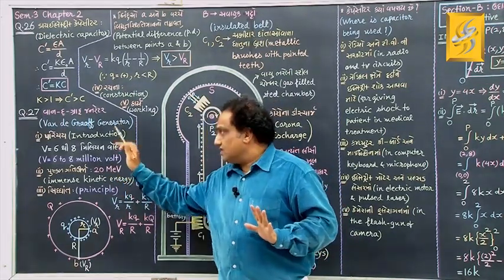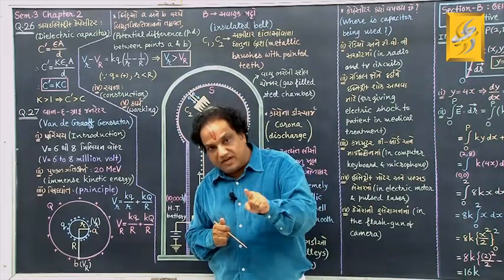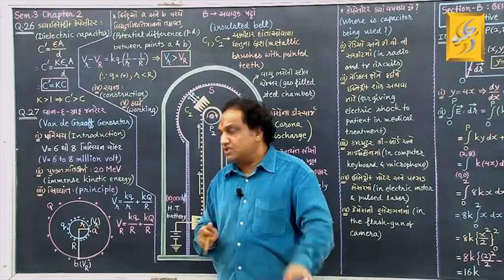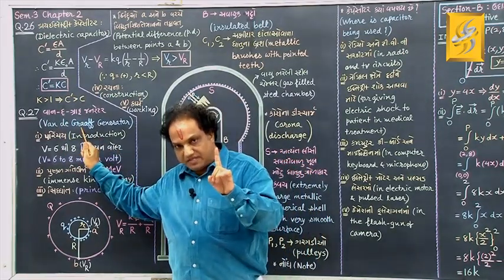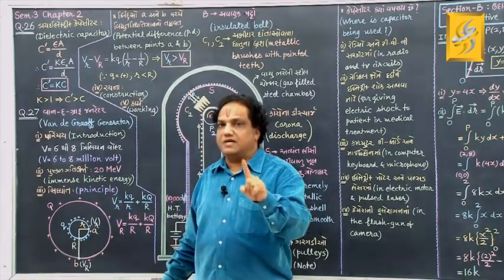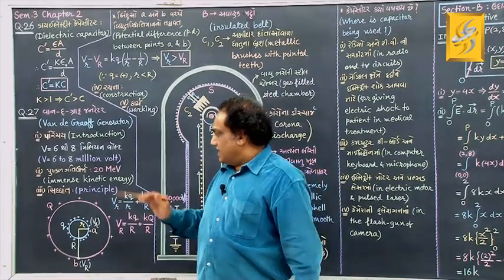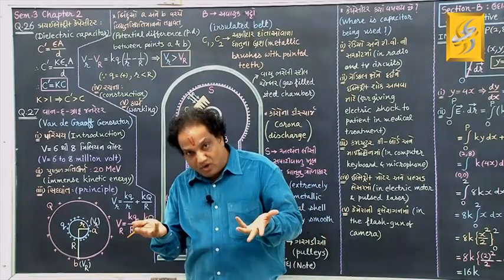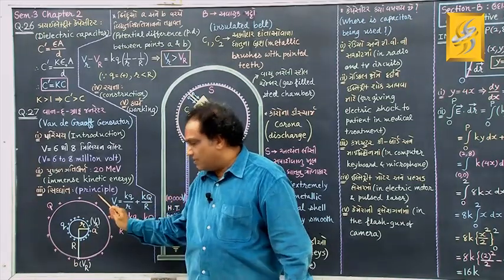So, this is the introduction of this device. Just for your knowledge, this device was constructed by Mr. Van de Graaff, an American scientist, in the year 1931. Okay, fine. Now, let us see the principle of working of this device. What is the principle? Let us see the principle now.